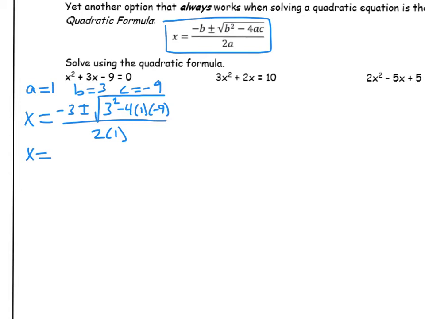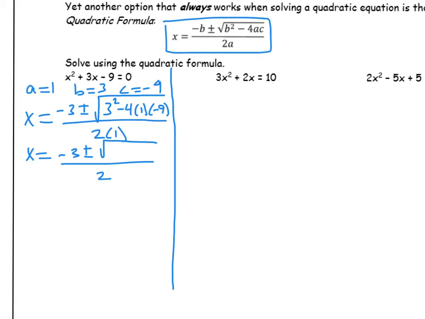Okay. Cut this off right here to make sure I maintain room for my next problem. Now when I simplify, there's nothing to do with negative 3. I usually like to stay focused on the square root. 3 squared is 9.